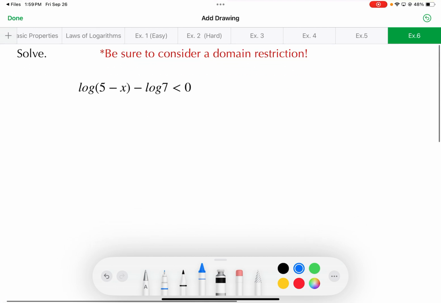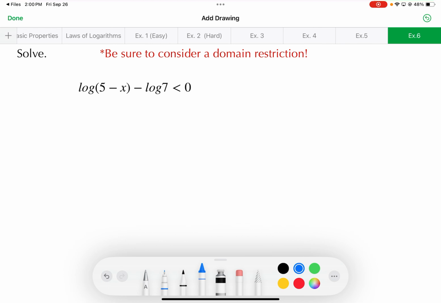Okay, we have a logarithmic inequality here to solve. Now, there's a couple things we got to watch out for on this one. So the first one is what's written in red there. Be sure to consider a domain restriction. So when you solve an inequality, typically your solution is an inequality that represents an infinite number of values, right?